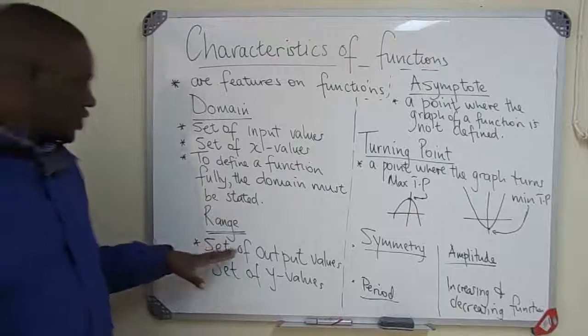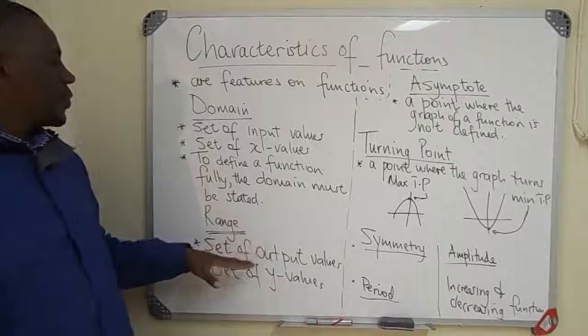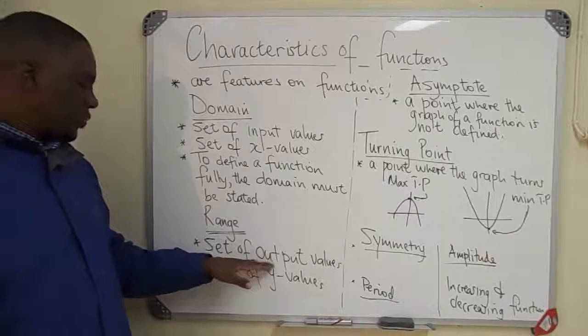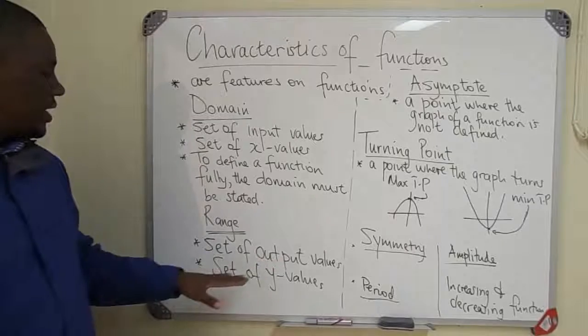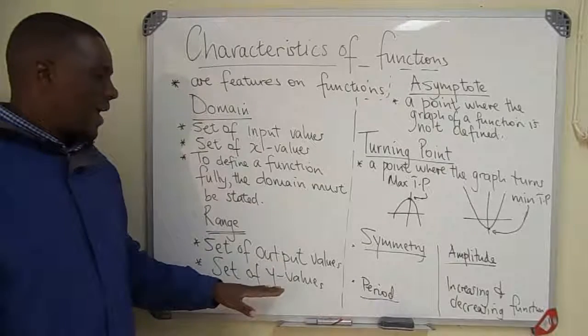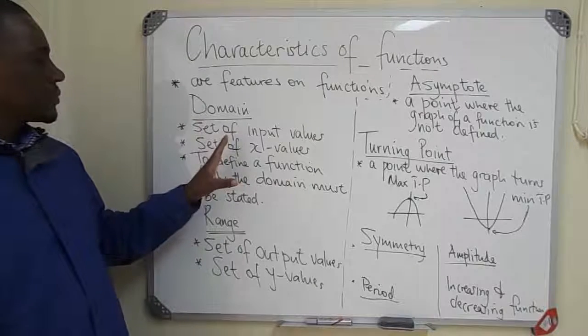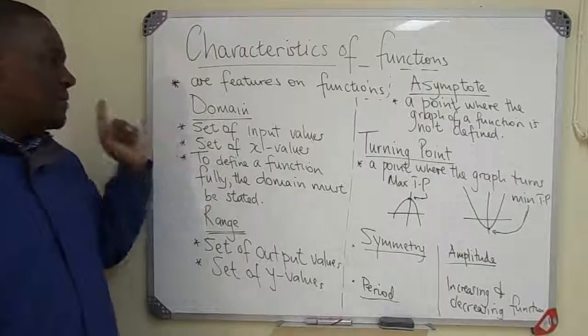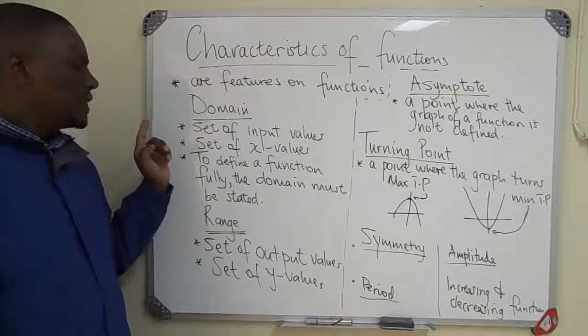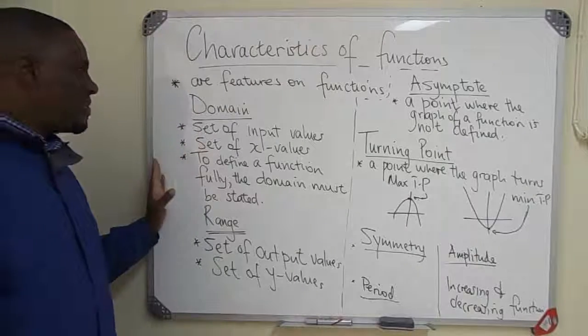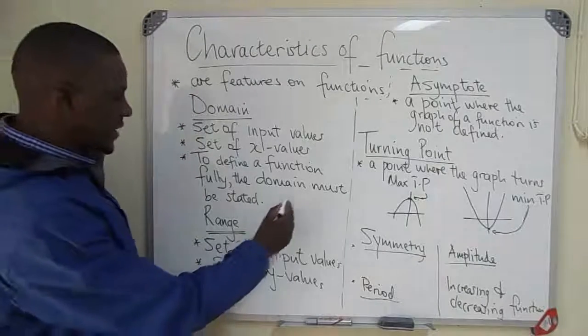Range, the corresponding output. We have input here, and these are the corresponding output values. These are the values of y. When we put x into our rule, remember a function is a rule that allows you to map elements in the first set.